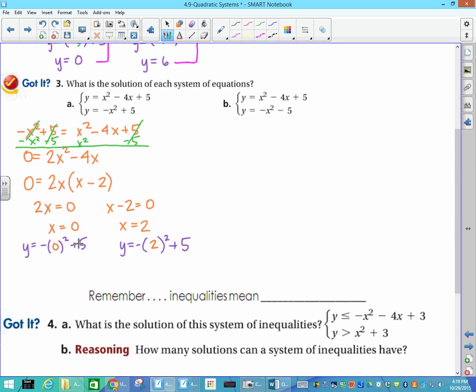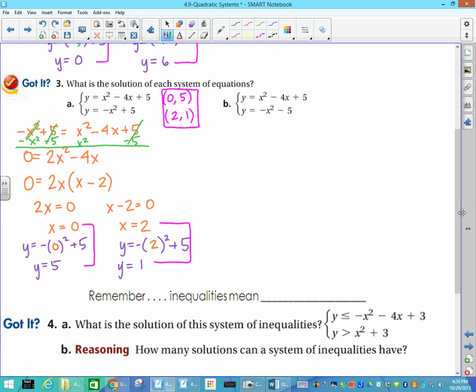Now, negative 0 squared plus 5, of course, is 5. And here I have 2 squared. See, that negative's on the outside, so I square it first, giving me 4. Negative 4 plus 5 is 1. So again, here's my ordered pair. That x goes with that y, that x goes with that y. So that gives me, if x is 0, y is 5, and if x is 2, then y is 1. And that is the solution to that system.